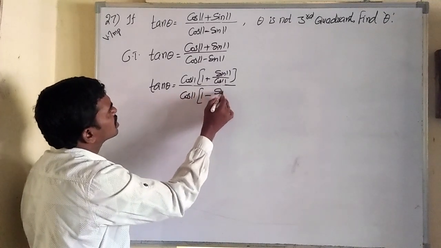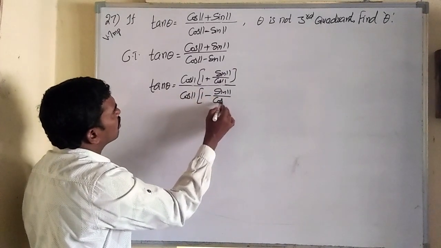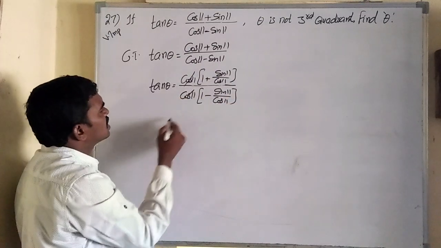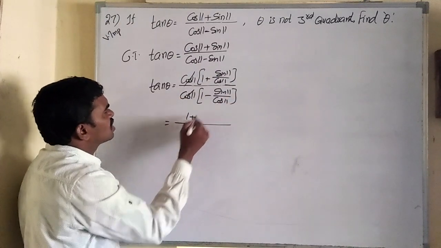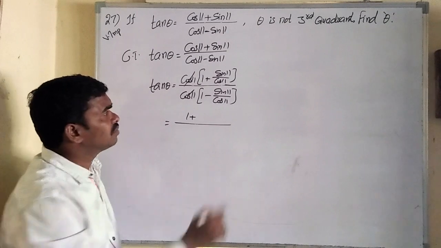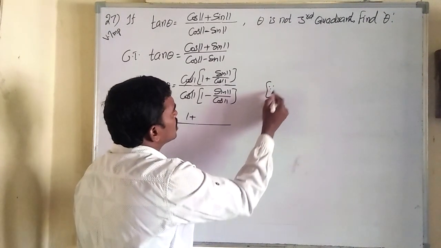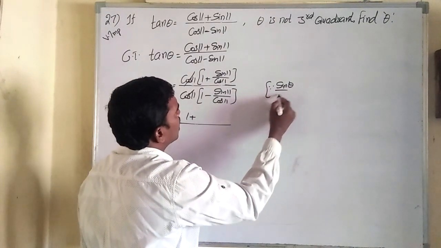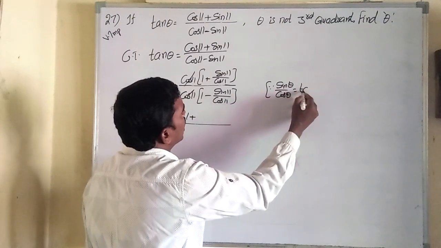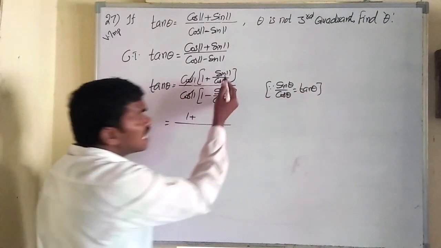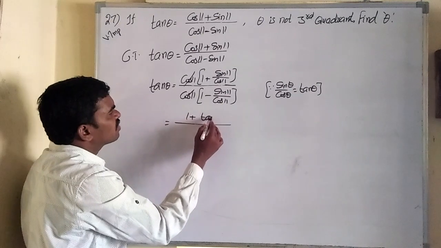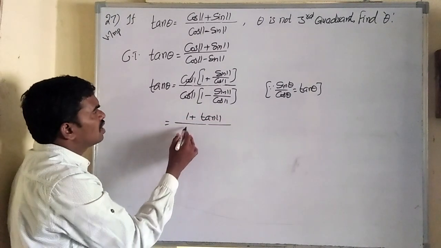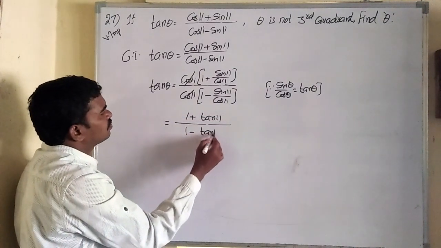Then 1 minus sin 11 by cos 11. So cos cancels. So we get 1 plus, what is sin theta by cos theta? Since sin theta by cos theta is equal to tan theta, so sin 11 by cos 11, yes, very good, tan 11. So (1 plus tan 11) by (1 minus tan 11).